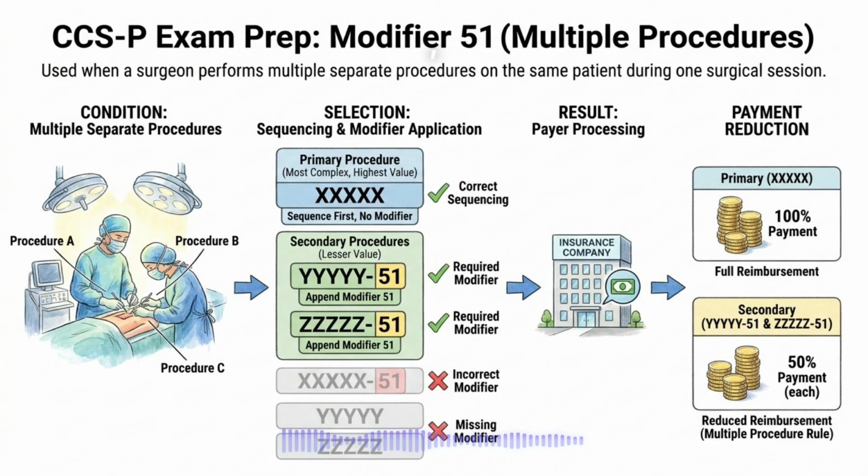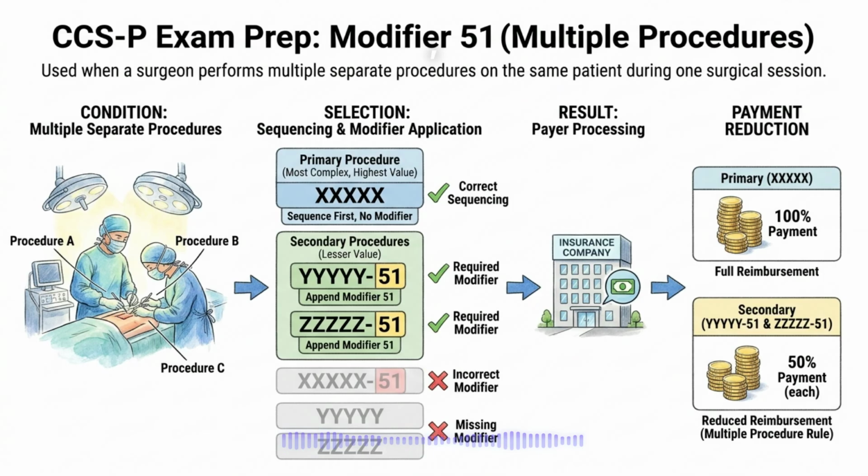When a surgeon performs multiple separate procedures on the same patient during the same surgical session, you will often use Modifier 51. Modifier 51 tells the insurance company that multiple procedures were performed, and the payer will automatically apply a multiple procedure payment reduction.